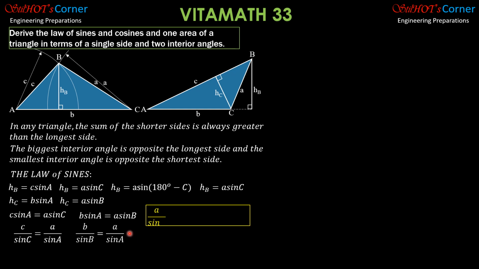Therefore, A over sine angle A equals B over sine angle B equals C over sine angle C equals 2r, the diameter of the circumscribing circle. This is the law of sines.